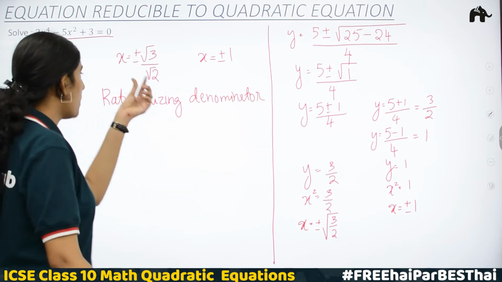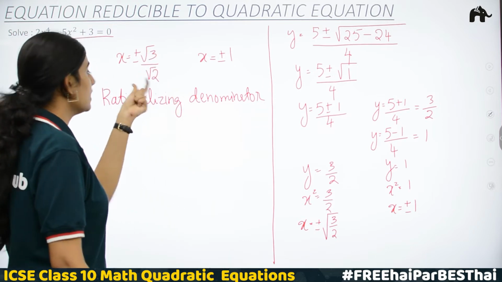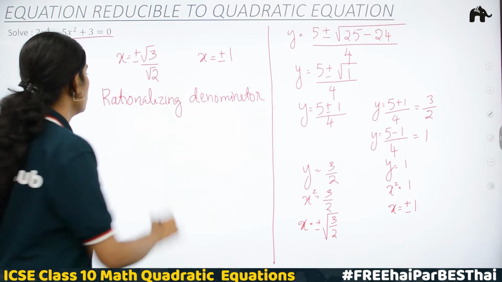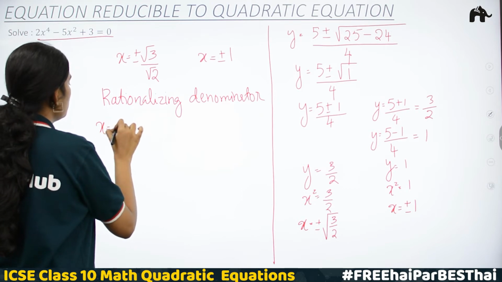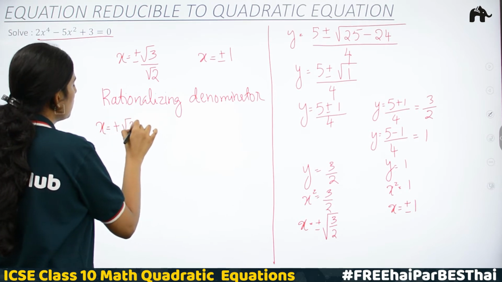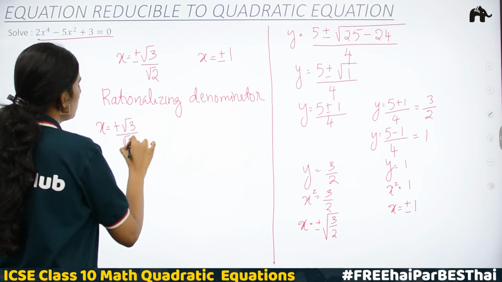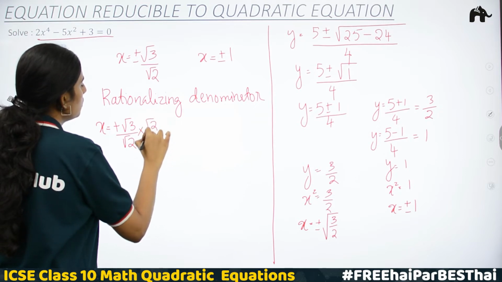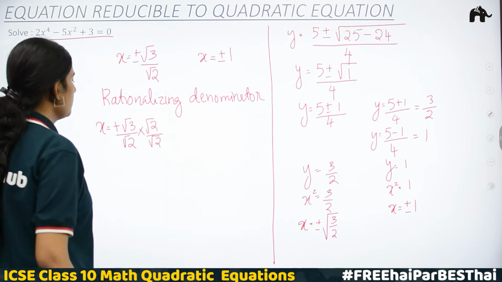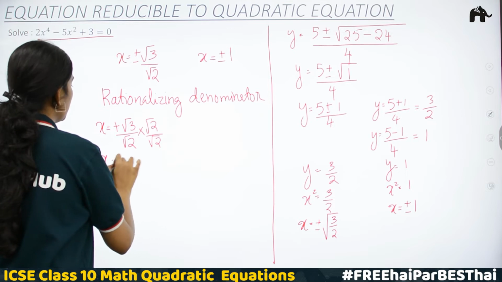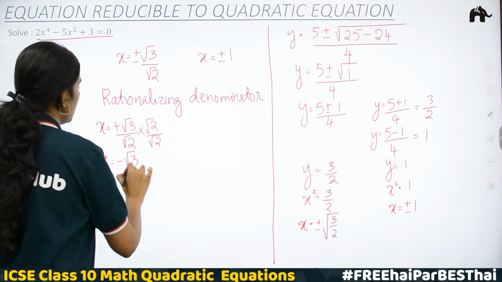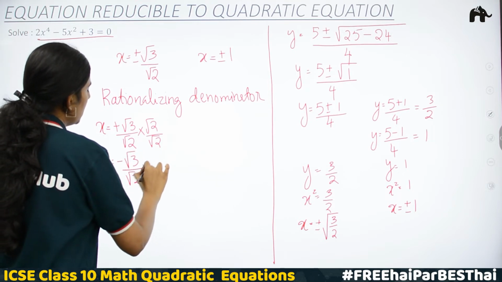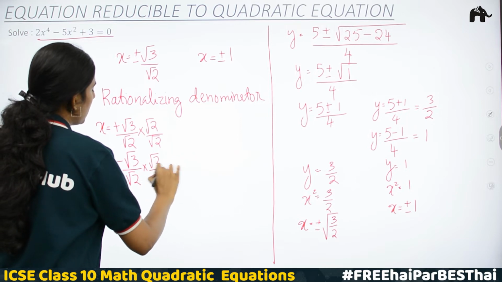We have to multiply and divide with the denominator. Here it is root 2. X is equal to plus root 3 by root 2 into root 2 by root 2. Or x is equal to minus root 3 by root 2 into root 2 by root 2.